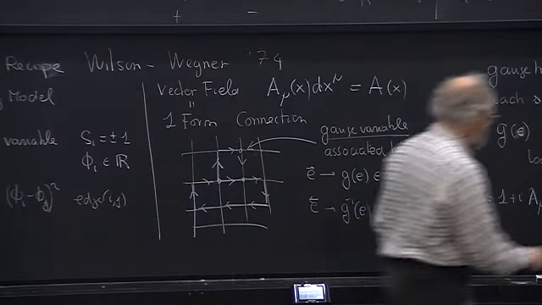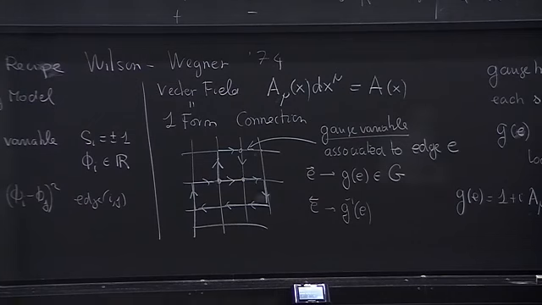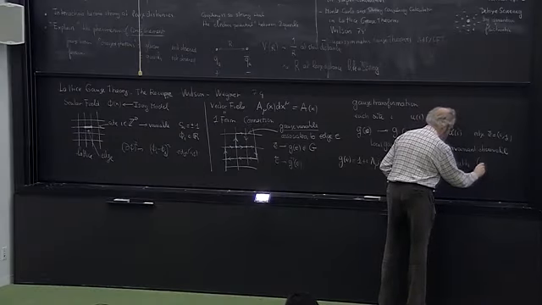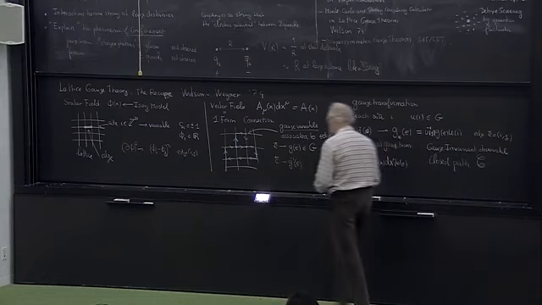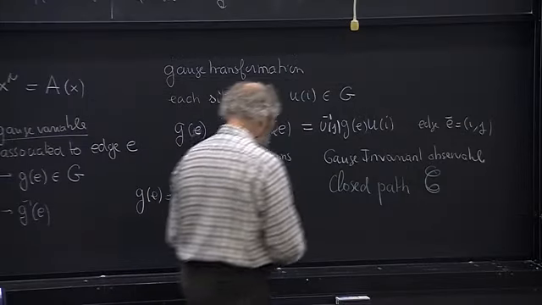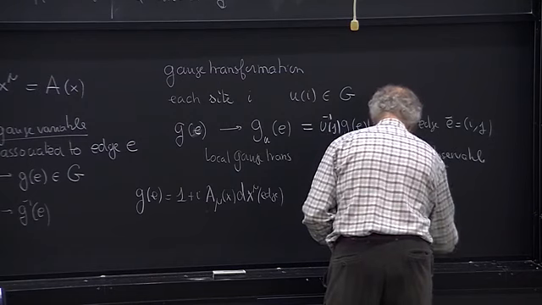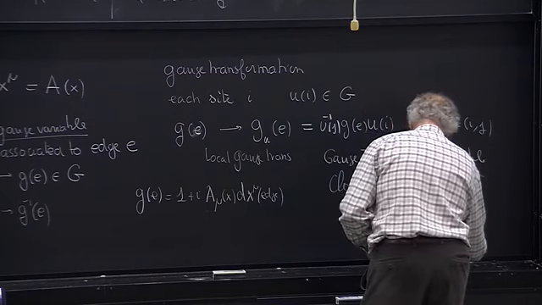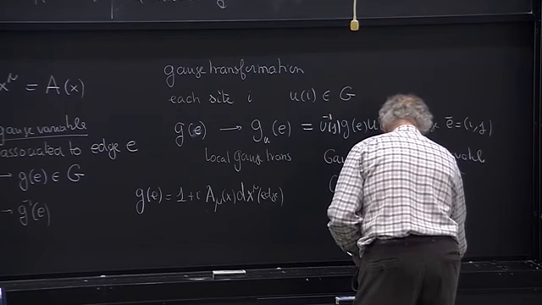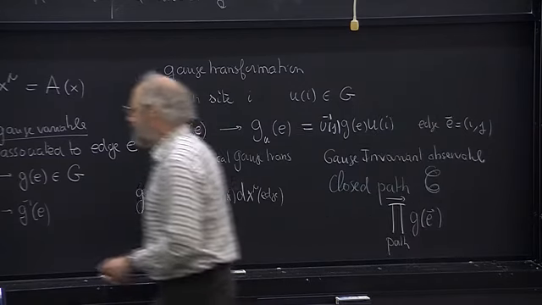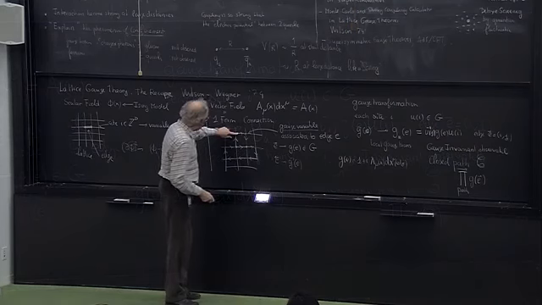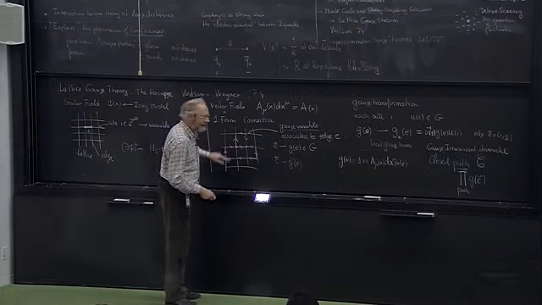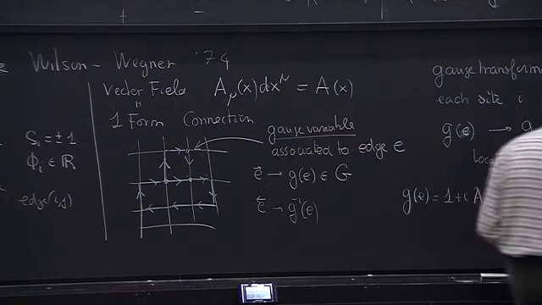Let me call it C. And you just take the oriented product of the G of E along the path. So you take G of E1 times G of E2 times G of E3, etc. And you take the trace at the end.